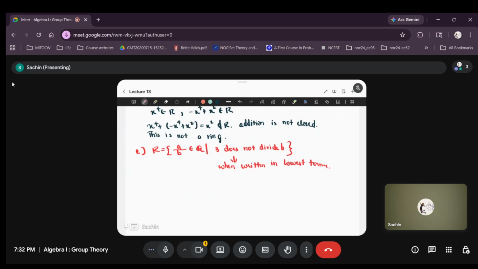So actually, rational number 1 by 2 is the same as rational number 2 by 4, the same as 3 by 6. So when we write 3 does not divide b, we mean when you have already cancelled all the common factors and written it in the lowest terms, then 3 does not divide the denominator.